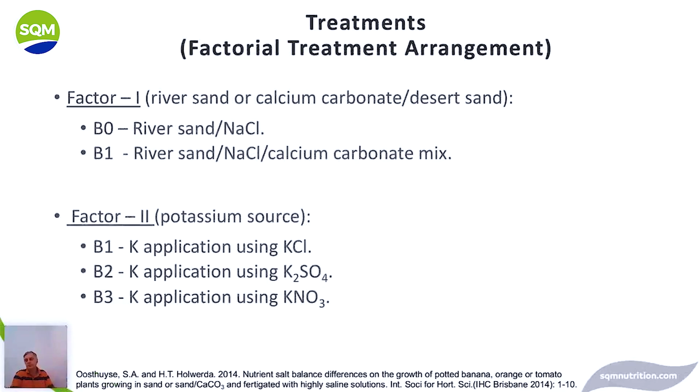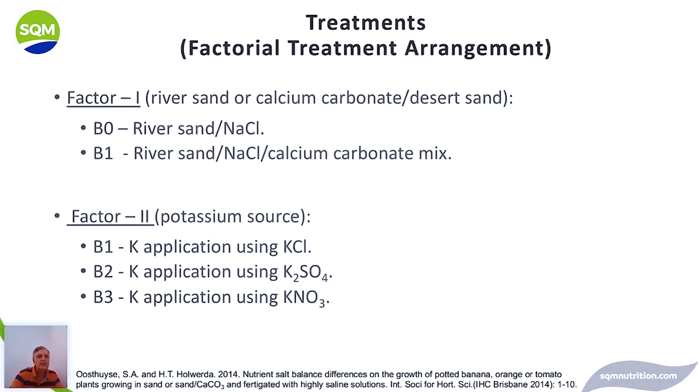So what we did, we prepared two different kinds of substrates: river sand with sodium chloride to simulate increased salinity, and river sand with sodium chloride plus some calcium carbonate to simulate salinity in higher pH conditions. So we have salinity with neutral pH and salinity with higher pH, alkaline conditions.